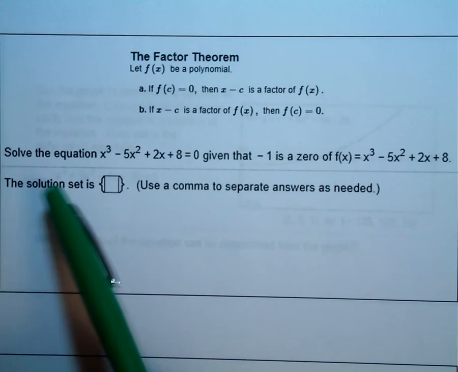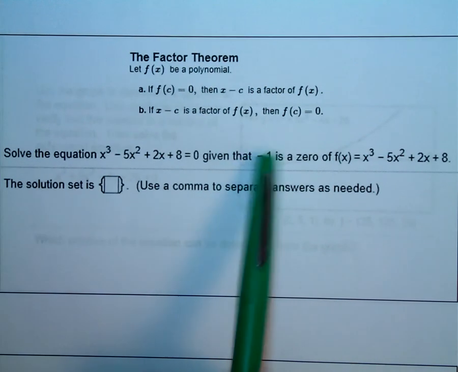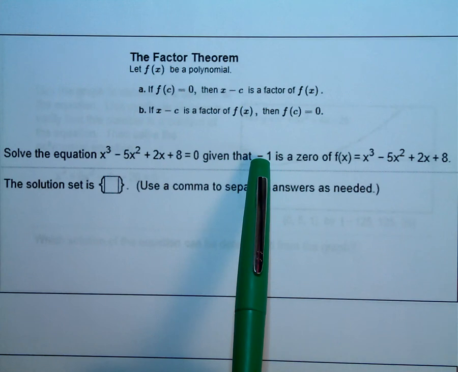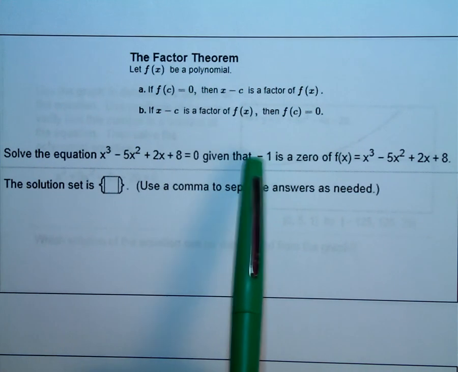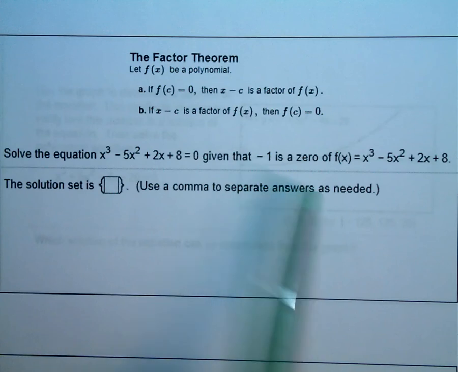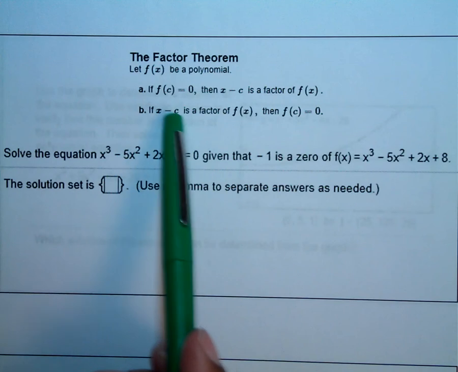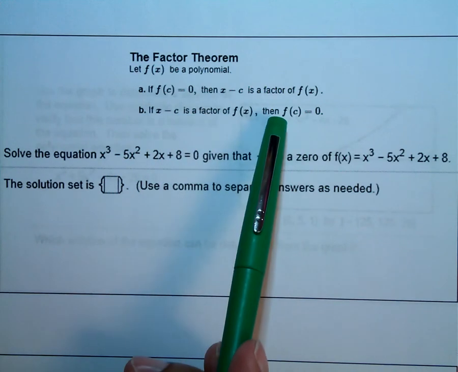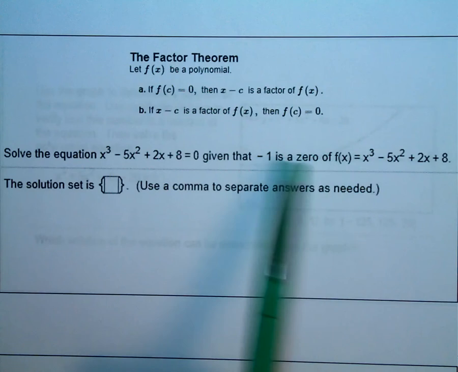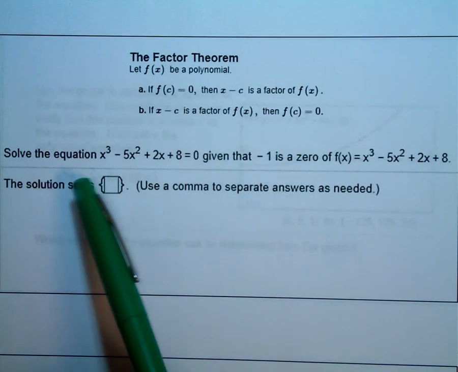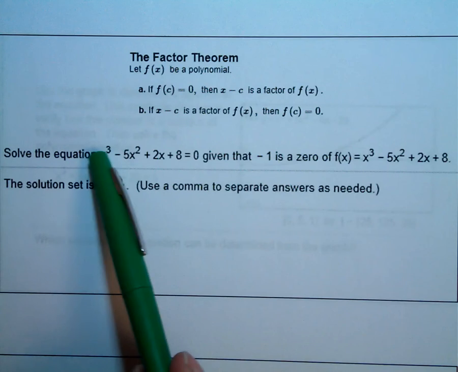So like on this one, it says solve the equation of this given that negative 1 is a 0. They're already telling me one of my x-intercepts, one of my solutions, one of my zeros is -1. So that's telling me one of my factors is automatically x plus 1. That's what this is for. Okay, that's what this rule is saying. And it says if x plus 1 is a factor, then f of c equals 0, which means when I plug -1 back into my function, I should get 0.